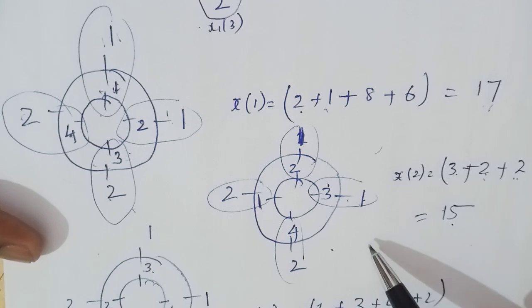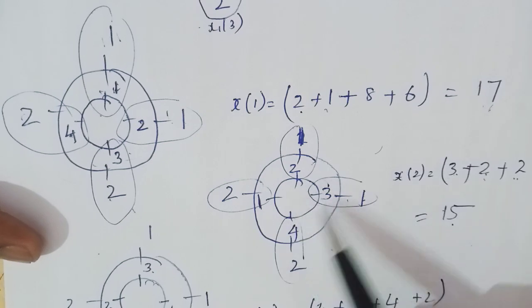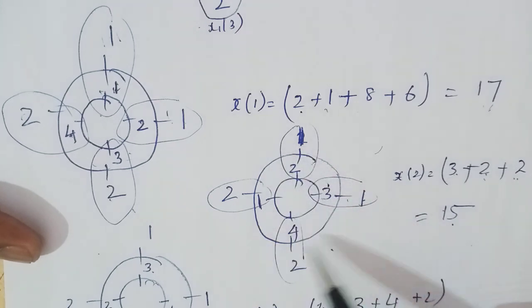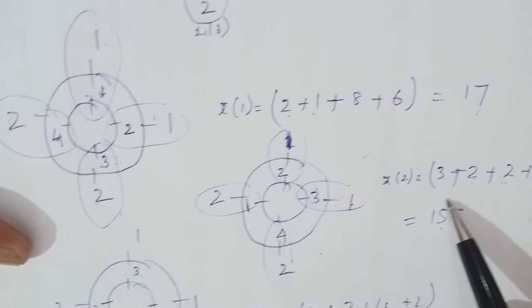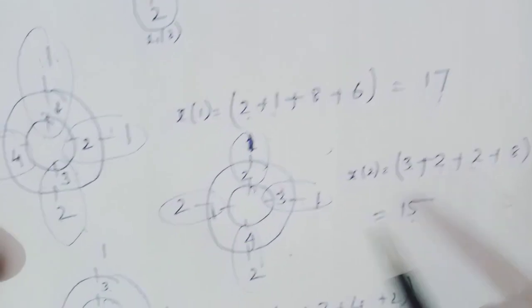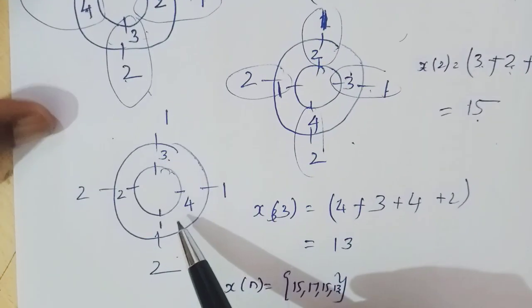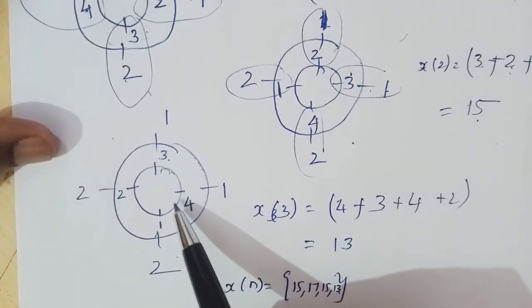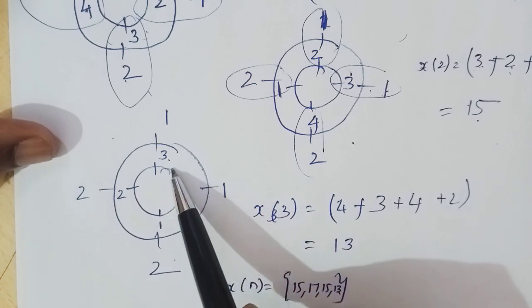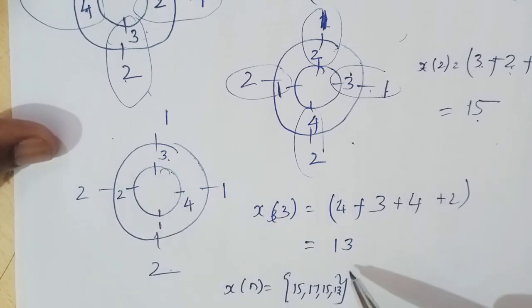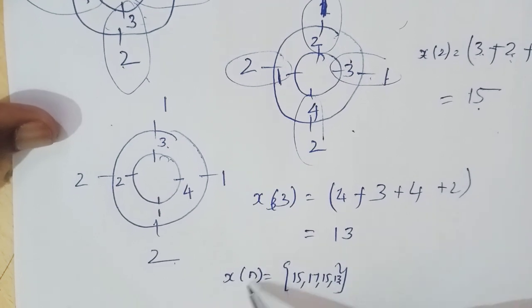Then we shift it again: the outer circle is constant and the inner circle is shifted in an anti-clockwise direction, and we add it. The fourth step is the same thing. This is the third shift, the same procedure. We shift it in the anti-clockwise direction, multiply and add. You get a value of 13, and this is your final line. So x1 of n is 15, 17, 15, 13.